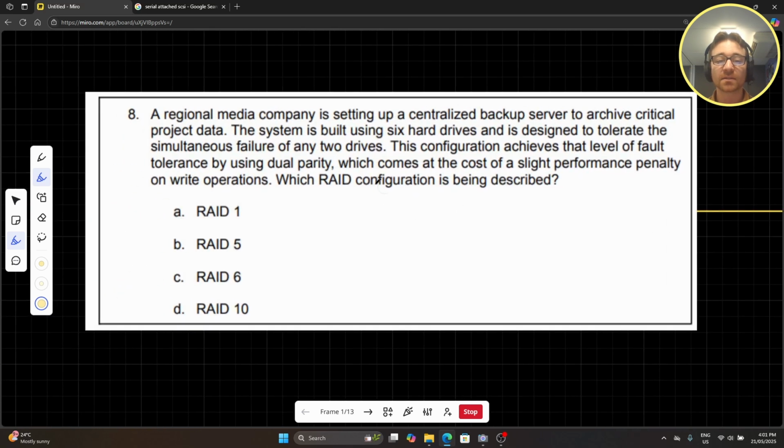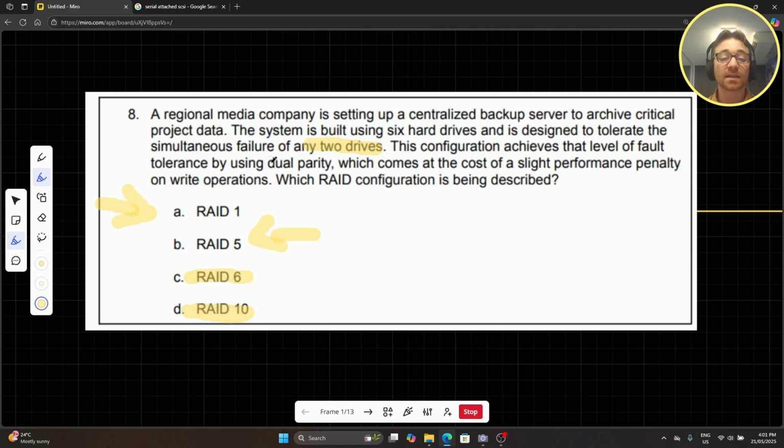But RAID 6, it was a giveaway from a couple of things, right? They said that it wants to be able to handle failure of any 2 drives. There's only 2 that can handle failure of 2 drives. That is RAID 6 and RAID 10. RAID 5 can handle the failure of 1 drive. RAID 1 can handle the failure of 1 drive. So it has to be one of either RAID 6 or RAID 10.